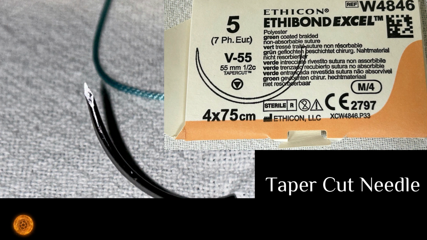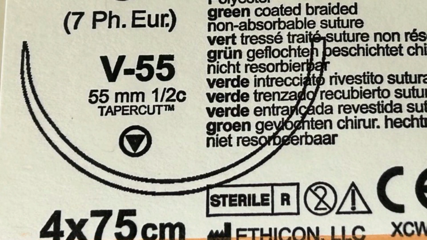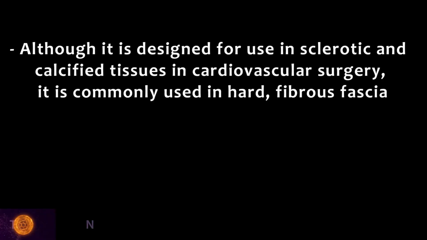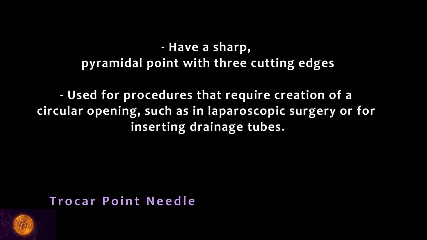This is number 5, and there is a round circle, and in between there is a triangle. The taper cut needle is a very versatile needle, friends, and although it is designed for use in sclerotic and calcified tissue in cardiovascular surgery, it is commonly used in hard fibrous fascia which is difficult to penetrate. So it penetrates with ease, and further there is no damage because the rest of the shaft is round body.